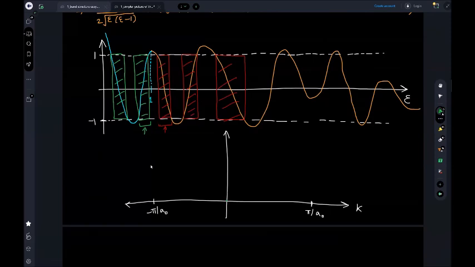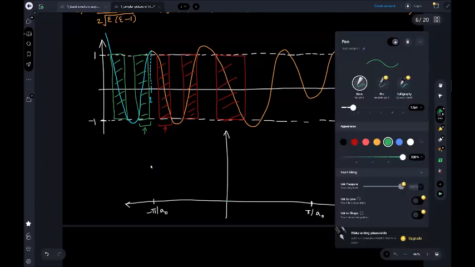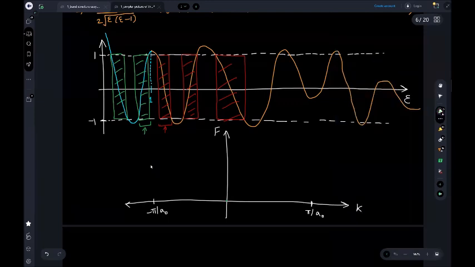So it's actually this energy. And as K goes from 0 to pi over a naught, cosine of pi is minus 1. So this actually moves from this point to this point. So the energy actually decreases as we go from K equals 0 to K equals pi over a naught. And yeah, we have energy on the y-axis.